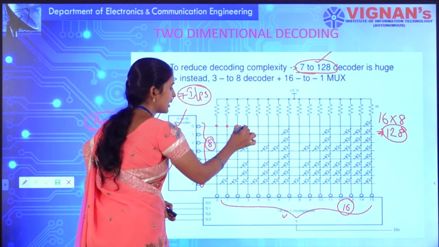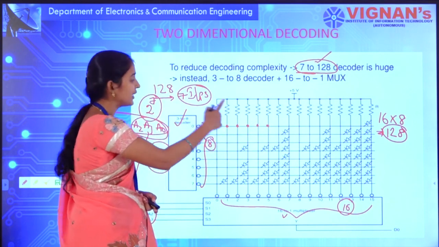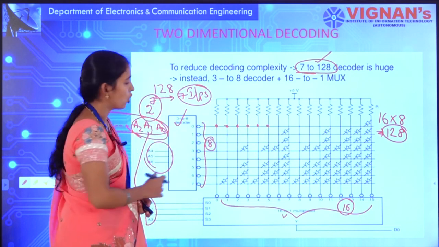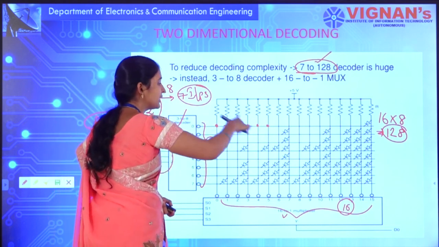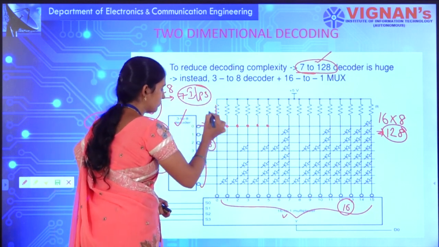That means when row and column intersect, only 1 bit will be stored by the interconnection of the row as well as the column.